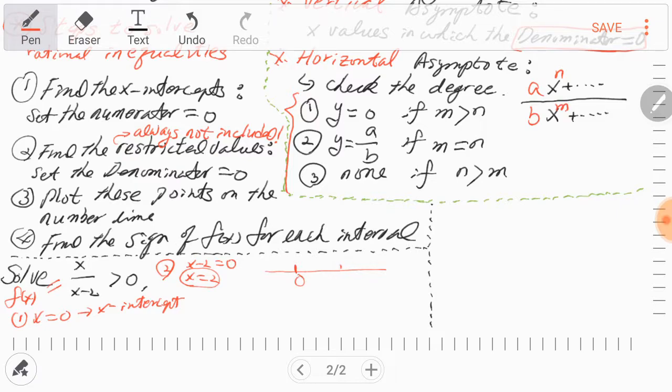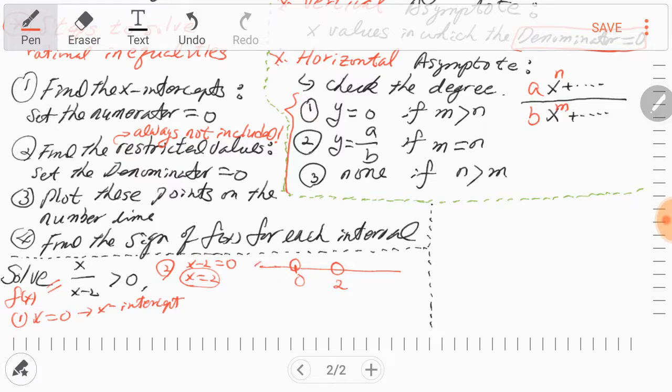When x equals 2, y is undefined. So when x equals 2, always this should be an open circle. The open circle means whatever the inequality contains, equal sign or not, we will not include this number 2. And if x equals 0, then this becomes 0. So in this case, there is no equal sign, so we don't have to include this number as well.